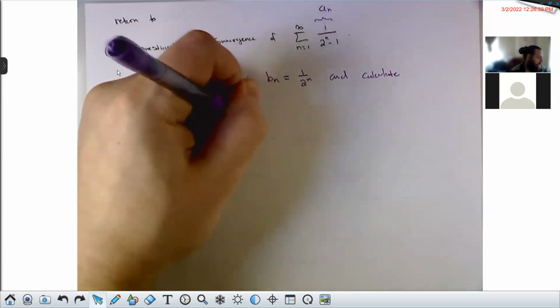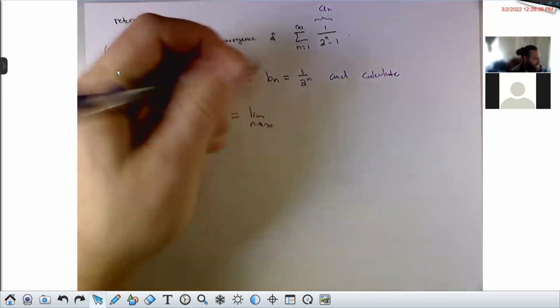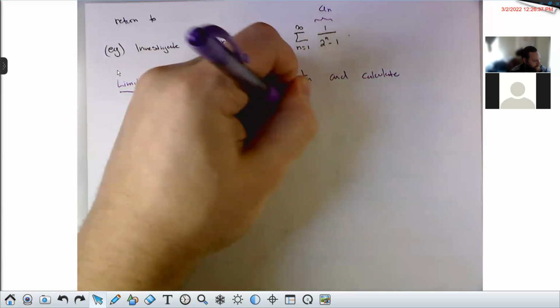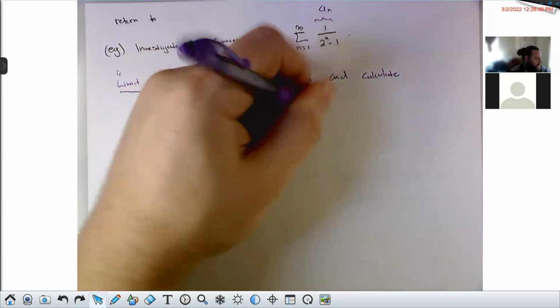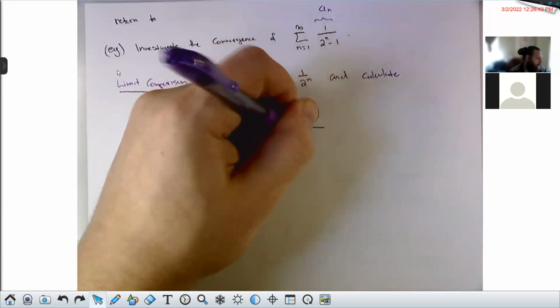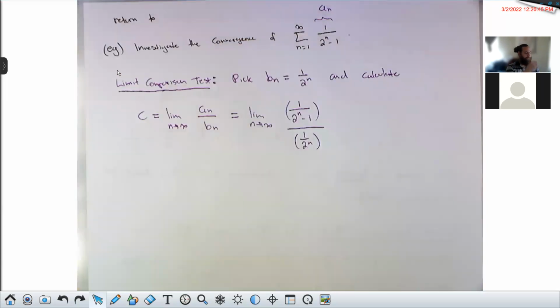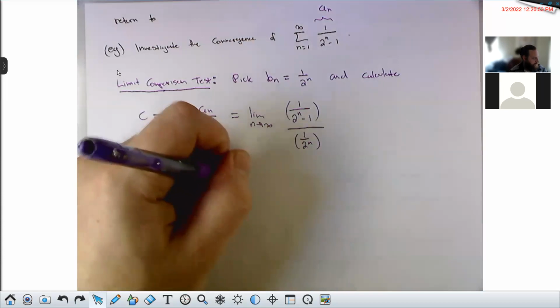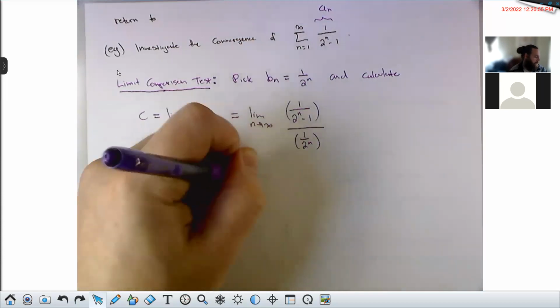Which is the limit as n goes to infinity. AN here is 1 over 2 to the n minus 1. Dividing that by 1 over 2 to the n. A little bit of algebra.